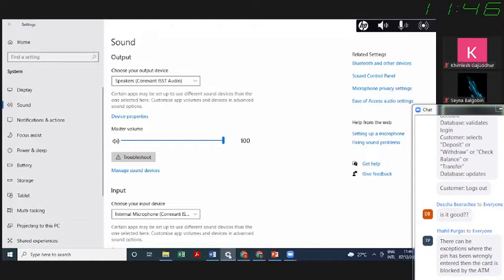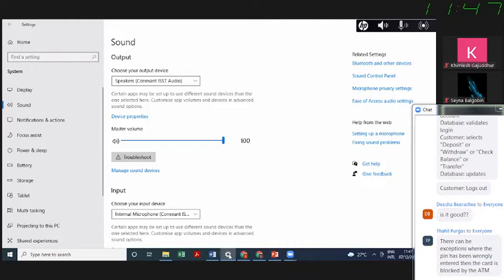You have to understand the process. There can be exceptions where the PIN has been wrongly entered, the card blocked by the ATM, or the amount of money requested is much greater than you have in the bank. Exceptions will be password incorrect or PIN incorrect, number of trials exceeded, amount greater than the funds. Yes, very good.